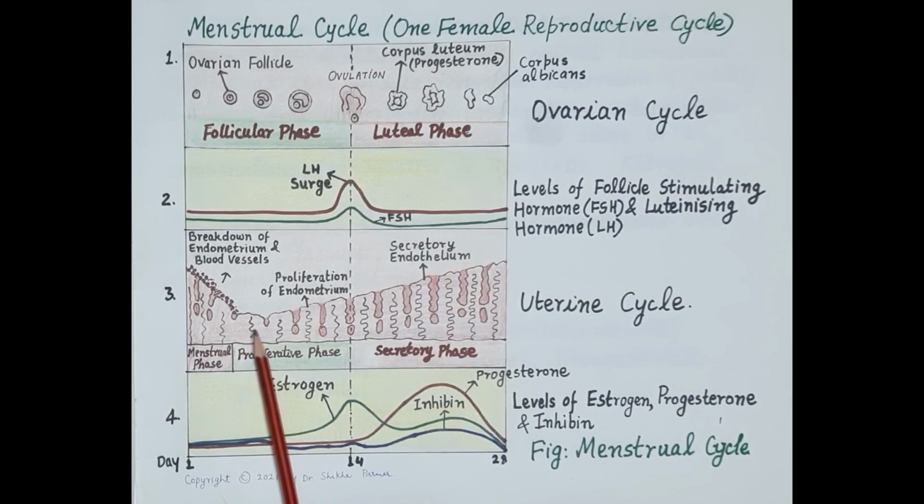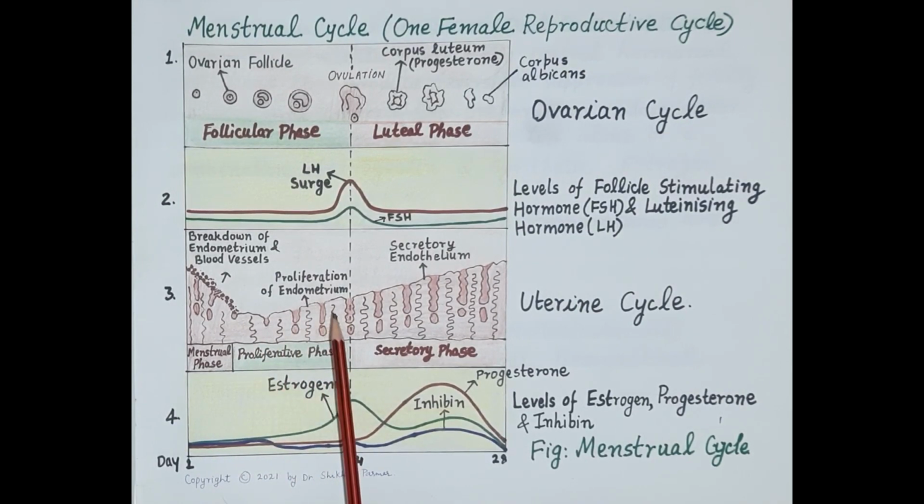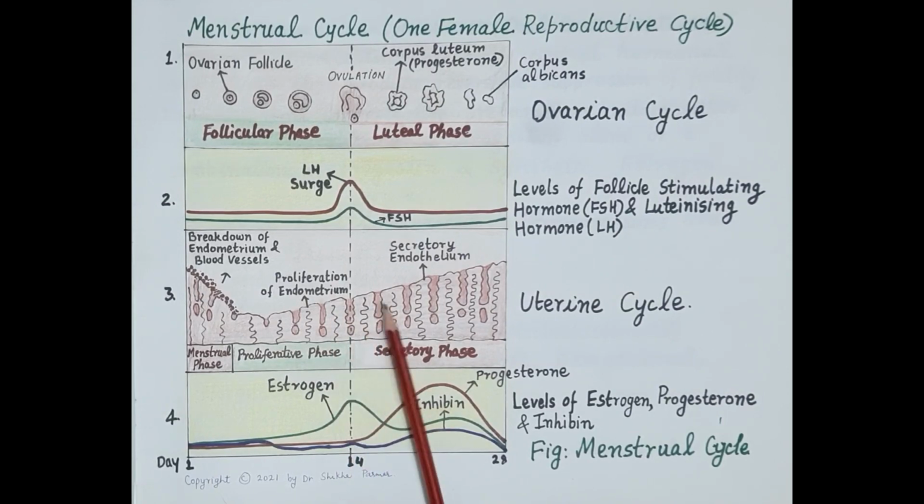Estrogen is responsible for the proliferation of this endometrium, and so it proliferates in the presence of estrogen. Progesterone brings about secretory changes in this endometrium, and therefore it is termed the secretory endometrium.